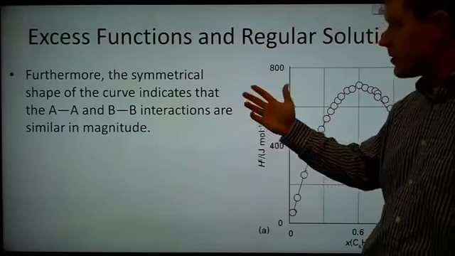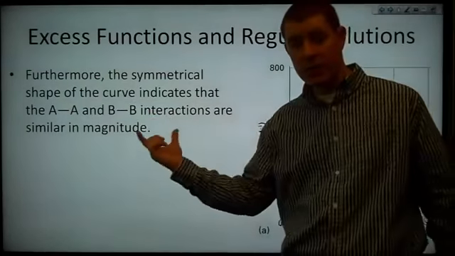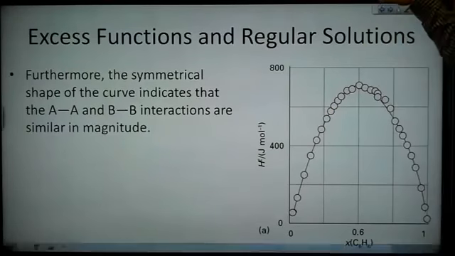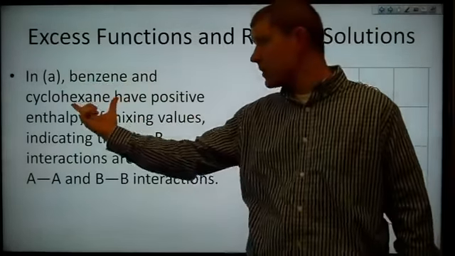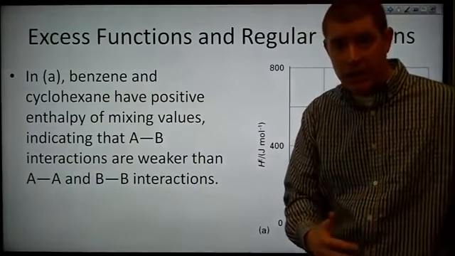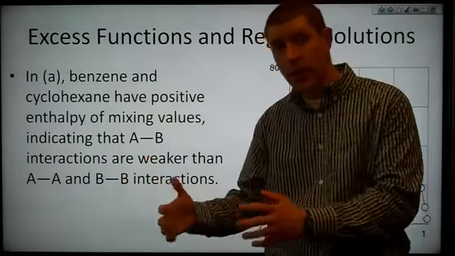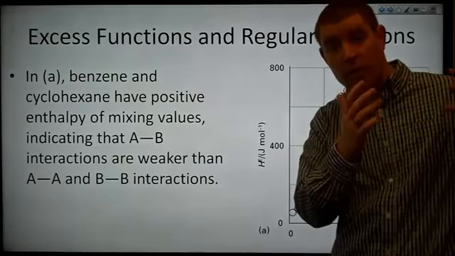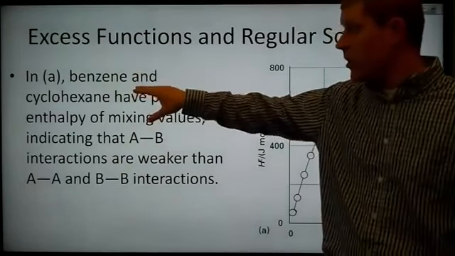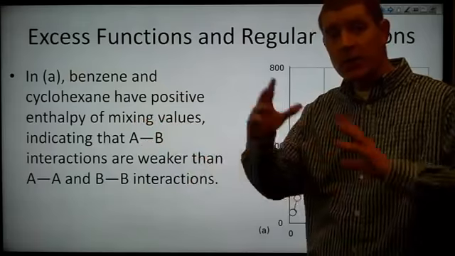And this isn't terribly surprising, because again, our two substances are benzene and cyclohexane. Benzene should interact with other benzene about the same as cyclohexane interacts with other cyclohexane molecules. But between the two, benzene and cyclohexane, there can be some significant differences.